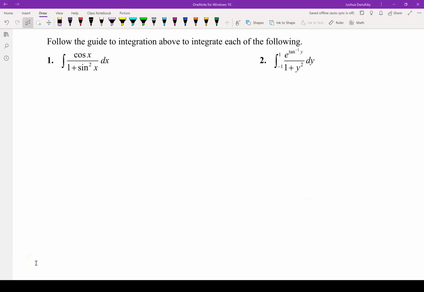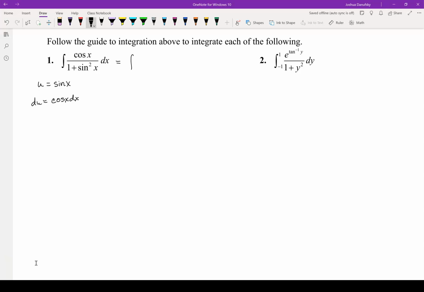Number 1, the integral of cosine x over 1 plus sine squared x dx. Here, let's notice that we have a cosine x dx in the numerator, and we know that the derivative of sine is cosine, so we should be able to do a u sub if we let u equal sine x, du equals cosine x dx.